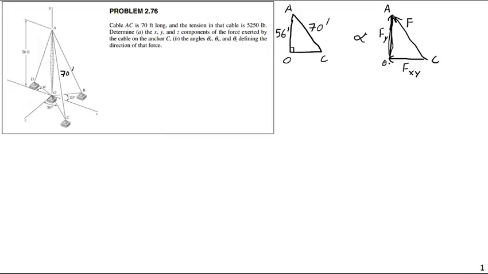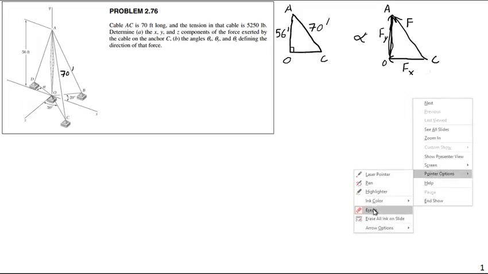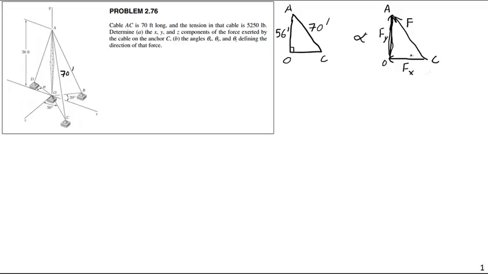Oh, not xy, xz. Fxz, thank you. The reason this should be Fxz is because this is in the xz plane. So the reason I'm using this compound notation with both the x and the z is because it's not directly along the x-axis, it's not directly along the y-axis. That component lies somewhere along the xz plane. I'll have to construct a second triangle later on to break that into its x and its z components.